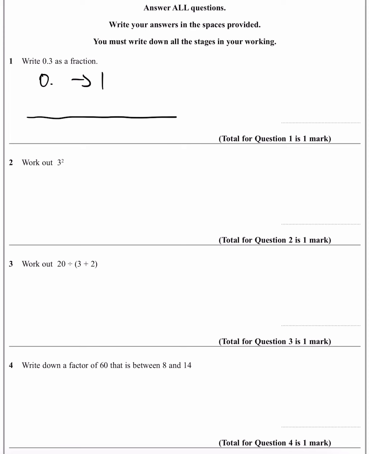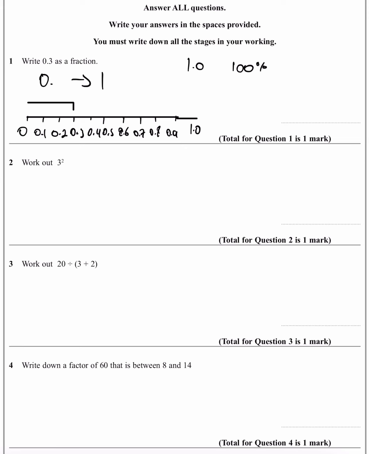So if we draw a number line, we've got 0, 0.1, 0.2, 0.3, 0.4, 0.5, 0.6, 0.7, 0.8, 0.9, and 1.0. We can see that 0.3 lands in between 0 and 1.0. And 1.0 is essentially just 100%.